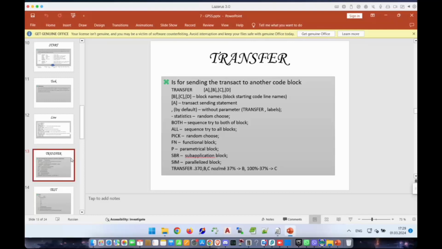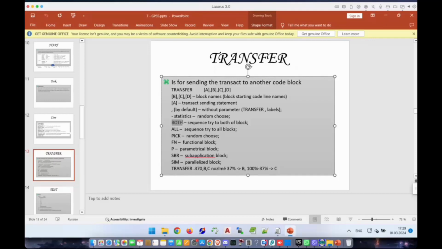Parameter A can be free, so it can be empty. That means by default, without any condition, we're pulling the transact into the code line written in parameter B.